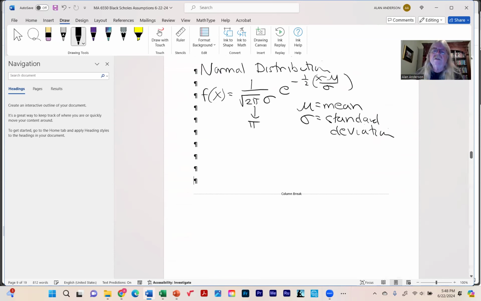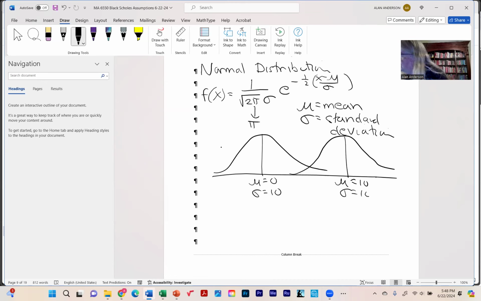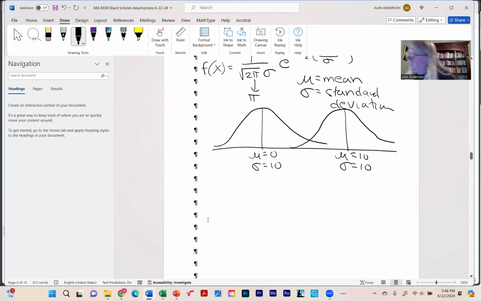So just a quick reminder that when we're looking at the normal distribution, the mean determines the location of the distribution on the real number line. So you can see that these two have the same standard deviations, have the exact same shape, but they are located at different points on the normal curve. And then if we only change the standard deviation, then it's the shape that's different, but not the location.